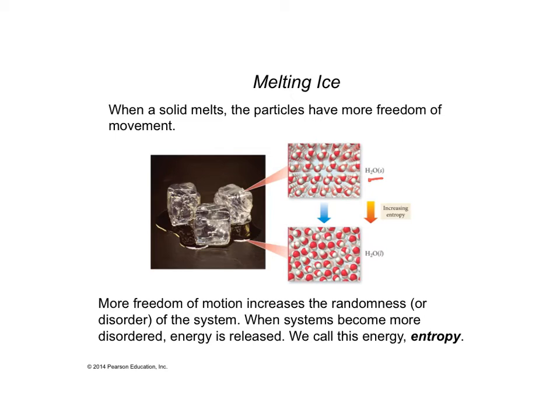So again, this is our ice. What happens to their freedom of motion when they move into the liquid state? It should increase, right? So liquids can move relative to one another, right? So now they're not just stuck in this big crystalline lattice. Now they can move relative to one another. So going from solid to liquid water, we're going to increase freedom of motion.